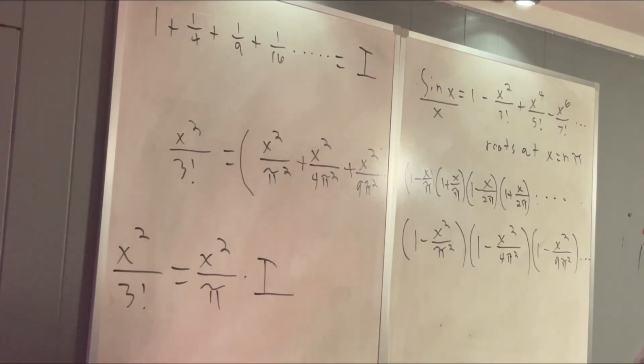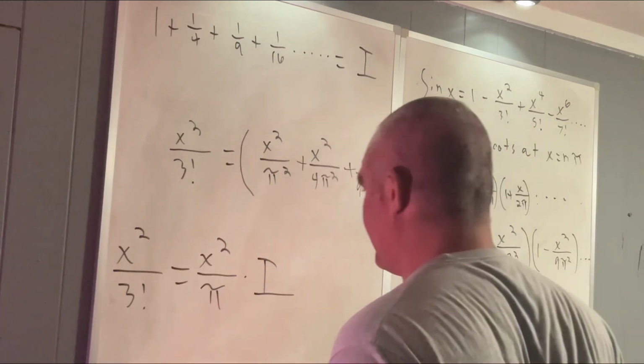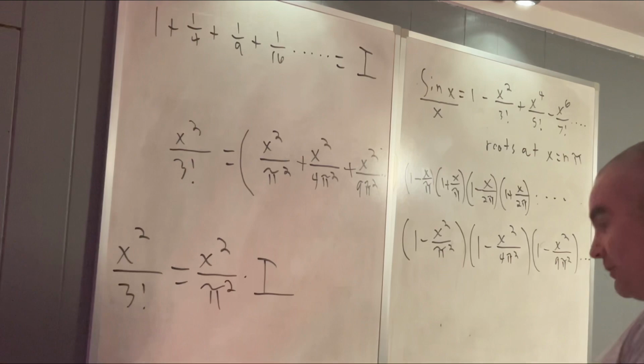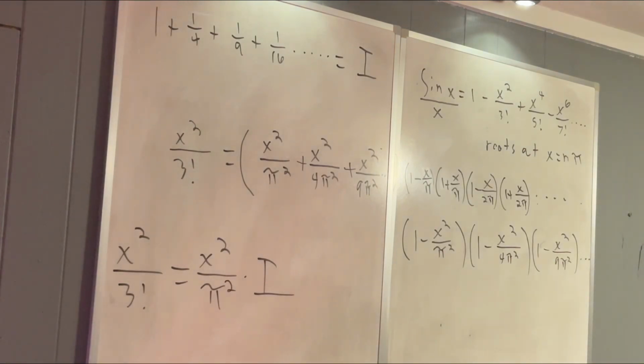All right. Divide both sides by x squared and multiply both sides. Oh, I'm sorry, this should be a pi squared. So what we're going to do is multiply both sides of the equation by pi squared over x squared.